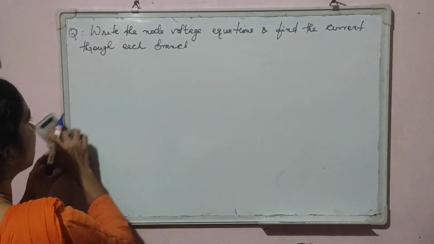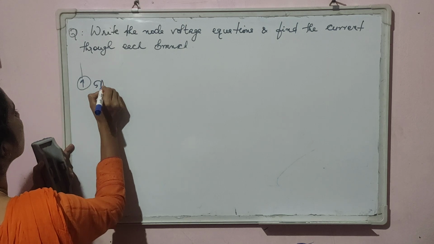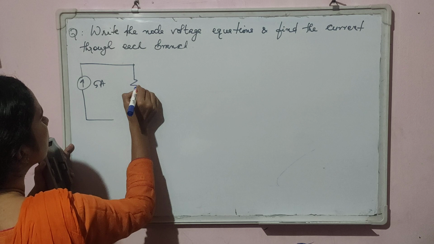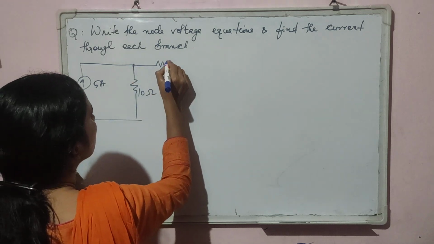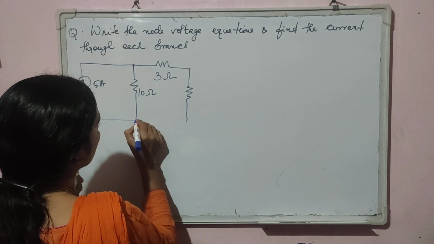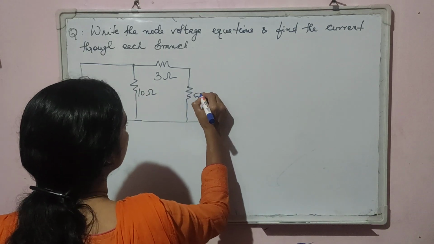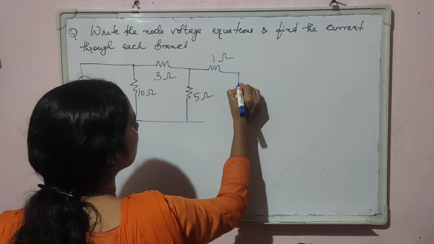For that, let me draw the circuit again. 5 ampere. 10 ohm. 3 ohm. 5 ohm, 1 ohm and 10 volt.